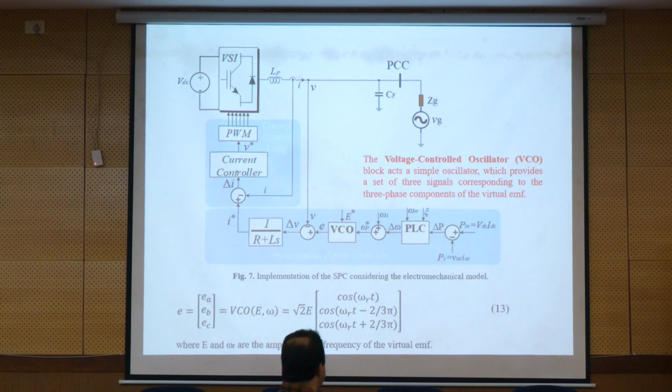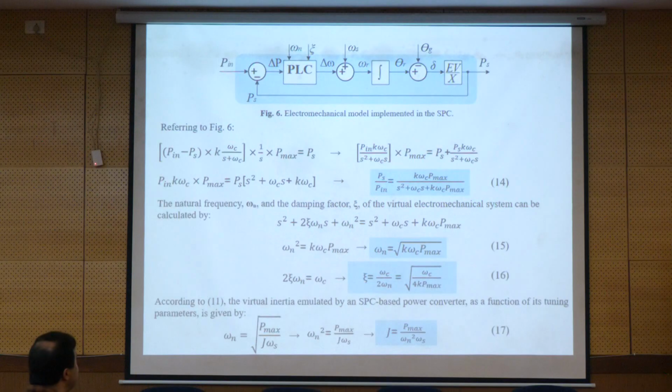So, up to here is the electromechanical model of the synchronous generator, which is somehow included in the control loop of the power converter. Okay? So now we get back again to this system.